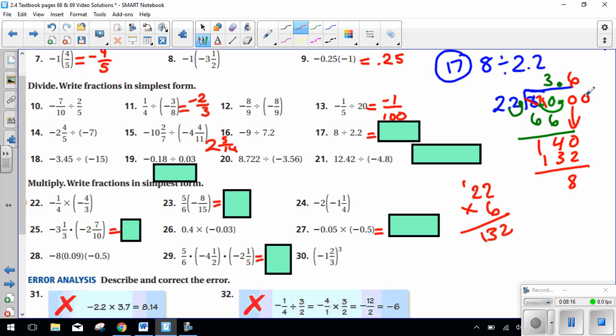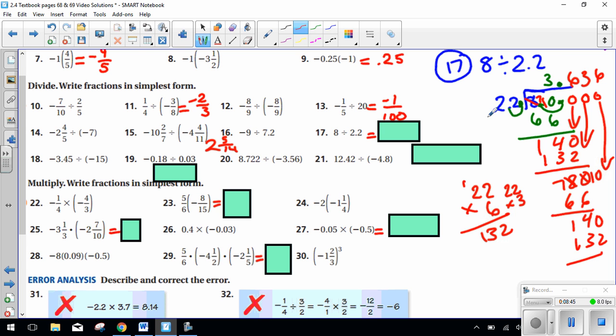That gives me 8. Add a 0 and bring down. So it's got to be 3. 3 times 22 is 66. So add a 0. So this looks like it's going to repeat. 22 into 140 is going to be 6 times.